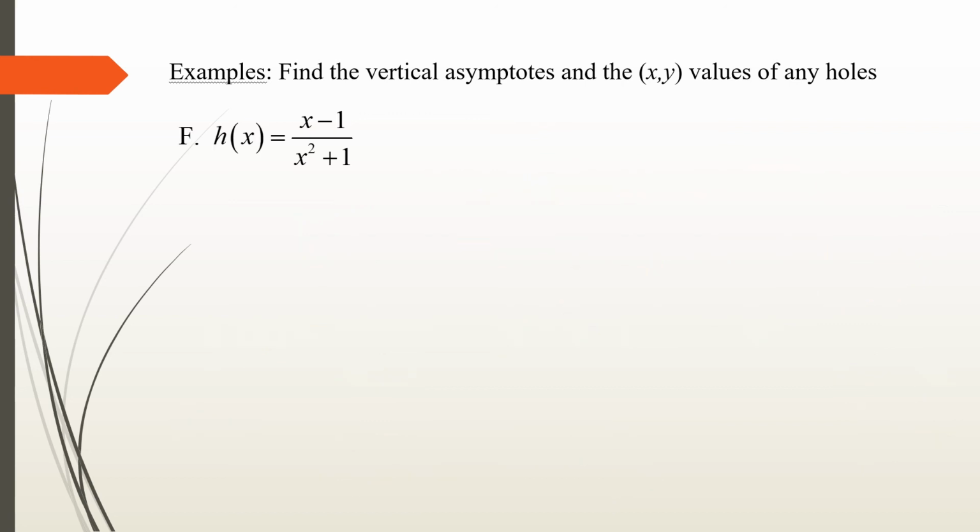So now we get to h of x is equal to x minus 1 over x squared plus 1. And I said to factor all this, but x minus 1 is prime. x squared plus 1 is also prime. So my domain restrictions: x squared plus 1 cannot equal 0.